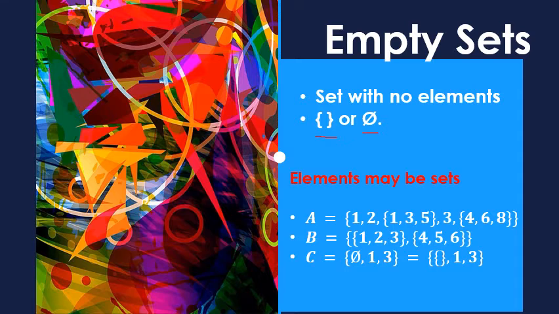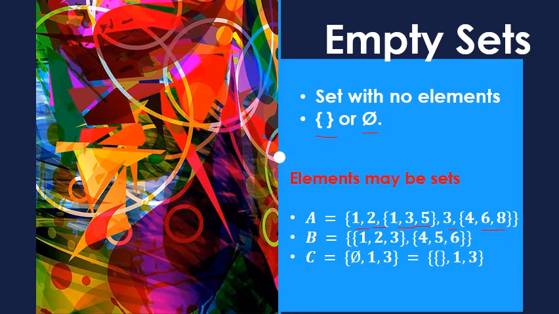For example, set A has an element 1, it has 2, it has an element which is a set composed of 1, 3, and 5, element 3, and an element which is also a set composed of 4, 6, and 8.